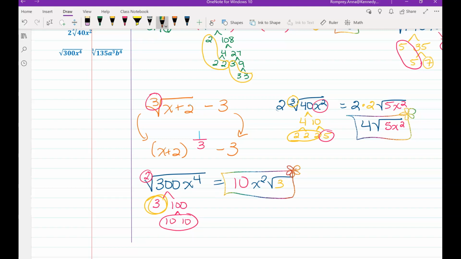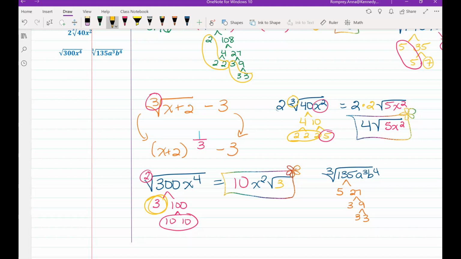Cool beans? Last one, cube root of 135 a cubed b to the 4th. All right, 135, that's a weird number. Let's see, I know 5 will go in, so 5 goes in 27 times. 27 is a 3 and a 9, and 9 is 3 and 3.